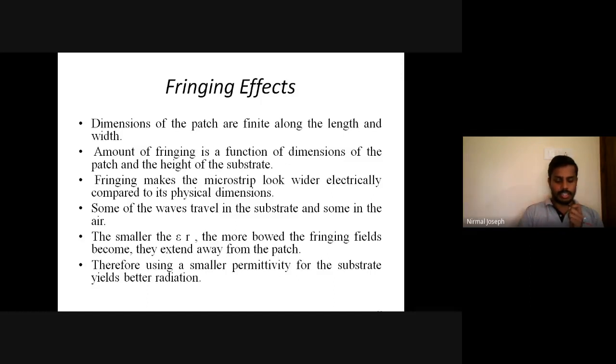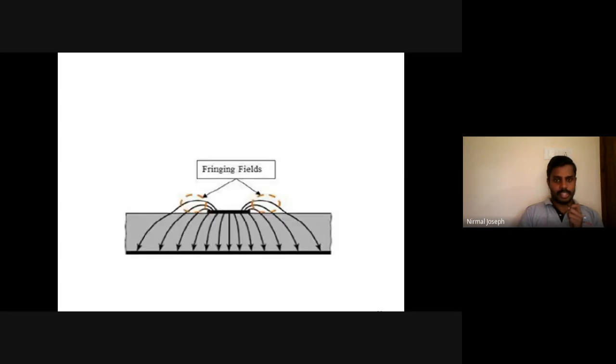I will explain that with a figure, then you will get a better understanding. This is the patch antenna we are having, and these arrow marks are the fields. These fields are supposed to travel through the substrate, but these fringing fields travel through the air and then enter the substrate.